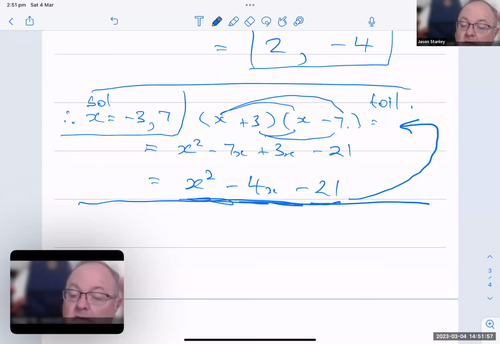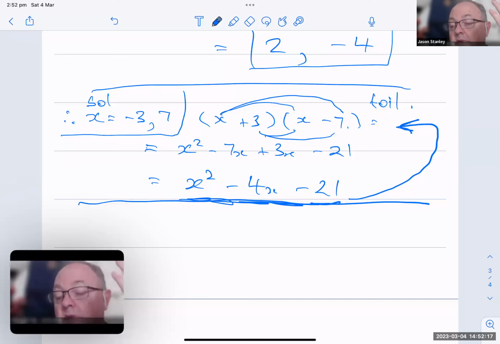I'm never going to give you a trinomial like that and expect you to come up with this by using one of the 4 factorizing methods. I don't care. Why? You don't need it. What you do need is completing the square or the use of the quadratic formula. And if you use completing the square or the quadratic formula, you'll win.